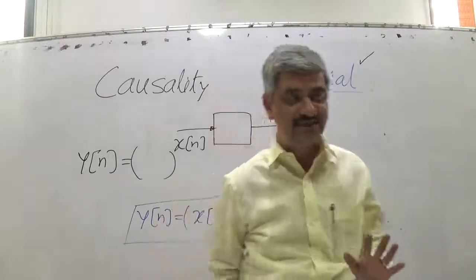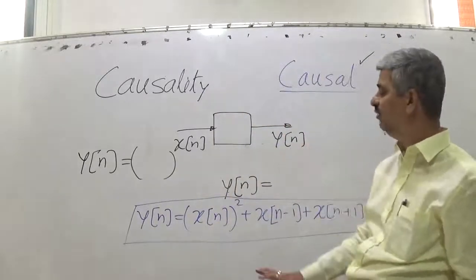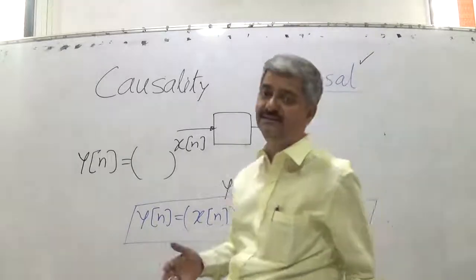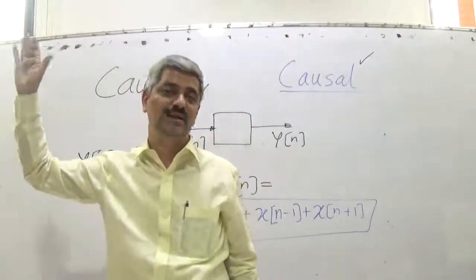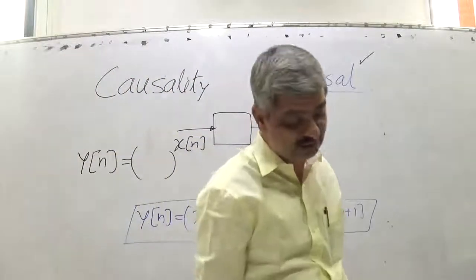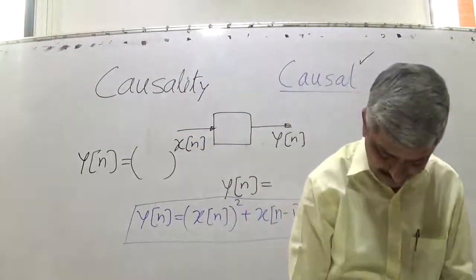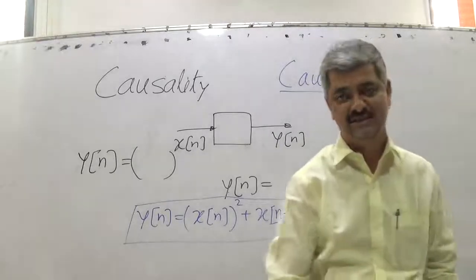So what is the causality check? yn should depend only on x(n), x(n minus 1), x(n minus k) for positive k. It can't depend on x(n plus 1), x(n plus 2). If it depends on current and previous inputs only, it is called a causal system.